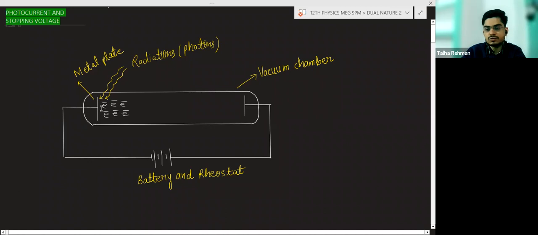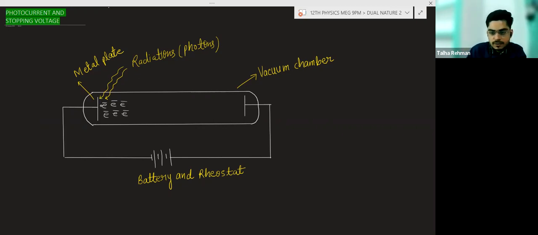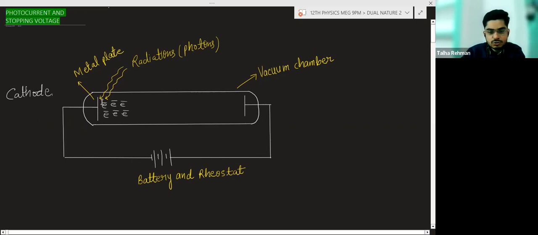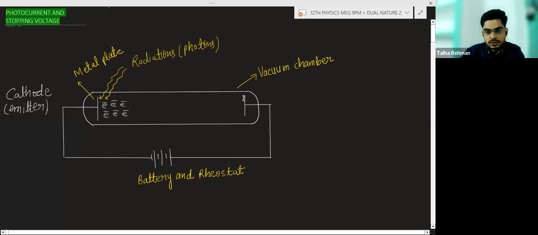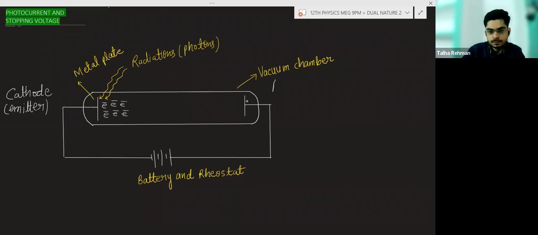This metal plate is known as cathode or emitter, because it is emitting the electrons. This other metal plate is known as collector or anode. So what will happen?